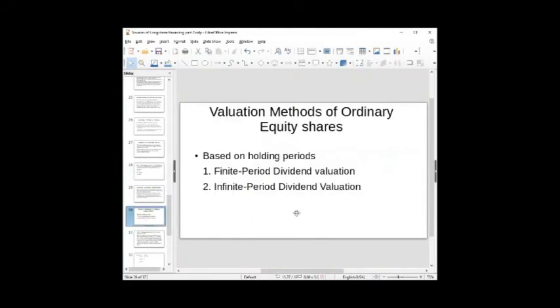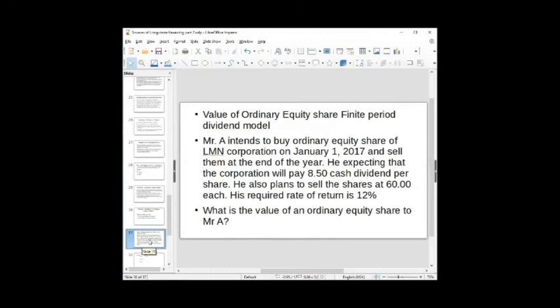So there are two valuation methods of ordinary equity shares. One is the finite period dividend valuation, and the other one is the infinite period dividend valuation. For example, under finite period, Mr. A intends to buy ordinary equity share of Element N Corporation on January 1, 2017 and sell them at the end of the year.